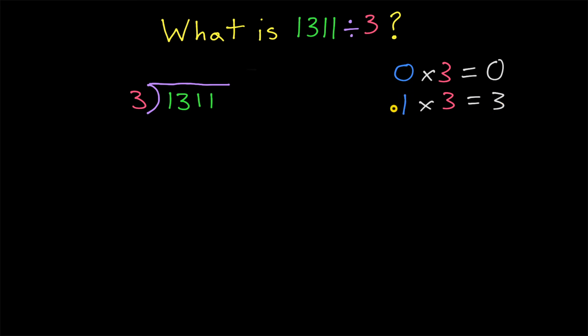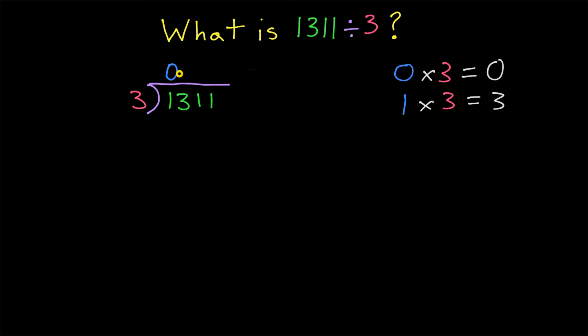So is 1 a good candidate? Well, 1 times 3 is equal to 3, and 3 is not less than or equal to 1. In fact, 3 is greater than 1, so 1 is no longer a good candidate. So 0 has to be the highest number times 3 that is less than or equal to 1. So go ahead and write this above the 1. Write 0.